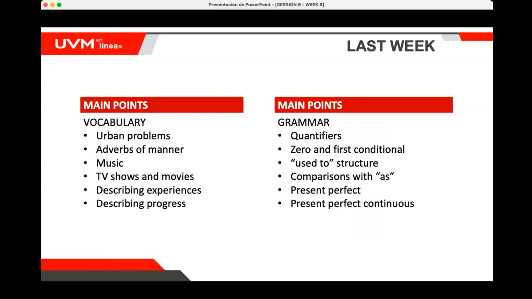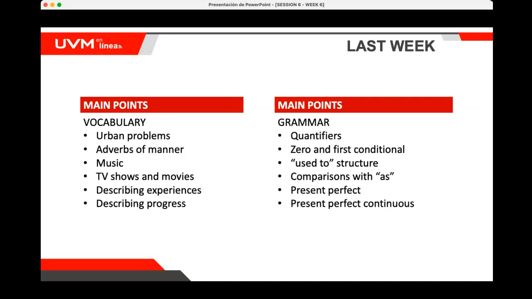In the vocabulary section, we talked about urban problems, or vocabulary related to situations in a city. You also learned adverbs of manner, how to structure them, and some basic adverbs of manner.